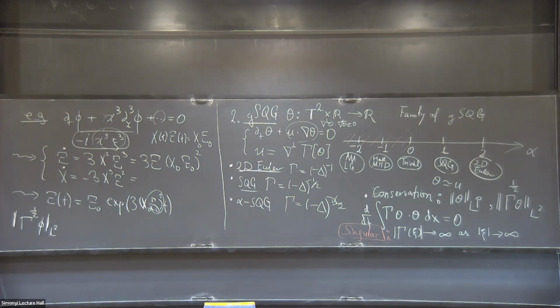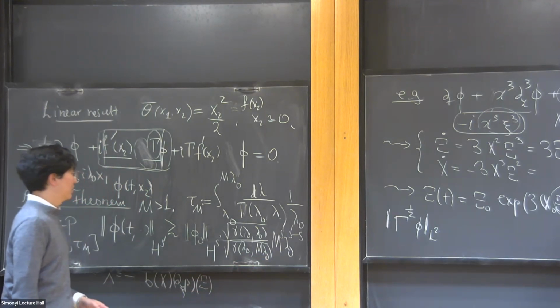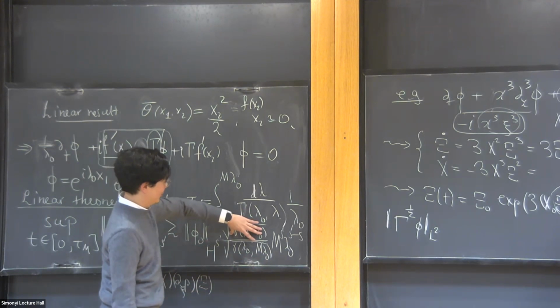So you should consider this in a way that this square root comes with the solution because we want to measure the solution in m lambda naught, and the initial data comes with this square root.